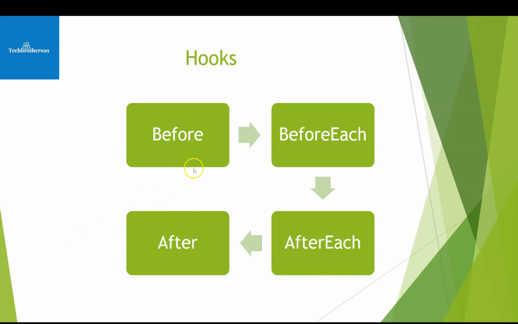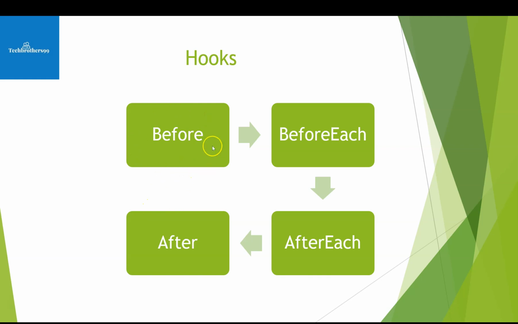Okay, so if you see, there are four lifecycle hooks present in a Cypress test execution. The first one is before, the second one is before each, the third one is after each, and the fourth one is after.